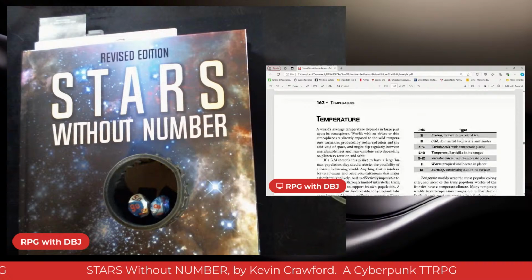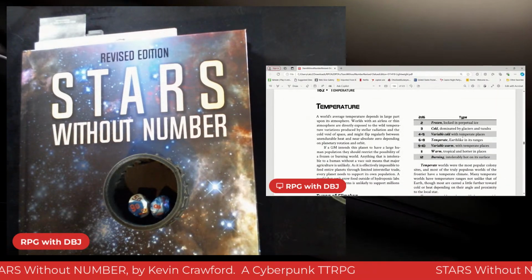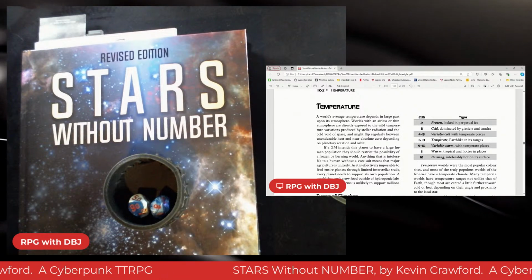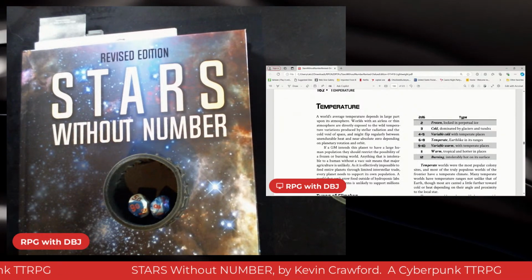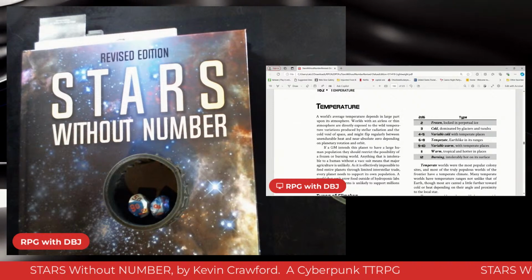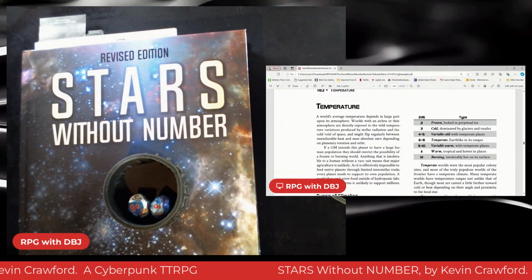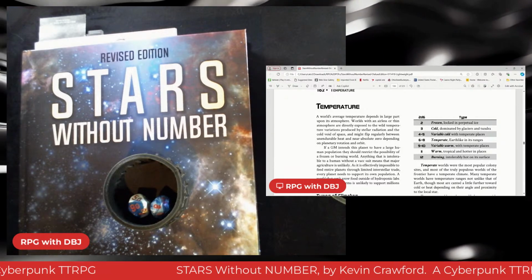And then we've got temperature, everything from frozen, cold, variable cold, temperate, variable warm, warm, and burning. And of course, between variable cold and variable warm, in the middle, that's from 4 to 10.